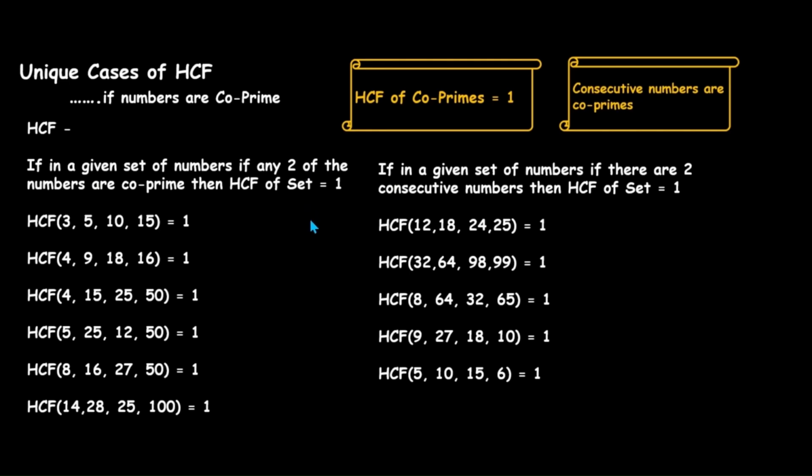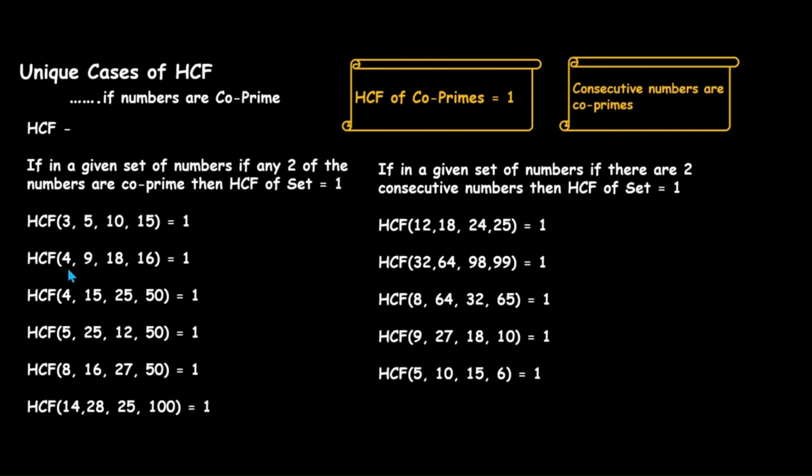One important point to note here is that consecutive numbers are always co-primes anyways, but all the co-primes need not be consecutive numbers. So if you take a few of the examples here, 3 and 5 are not consecutive, but still they are co-prime because the highest common factor that can come between 3 and 5 is 1, so they are co-prime.